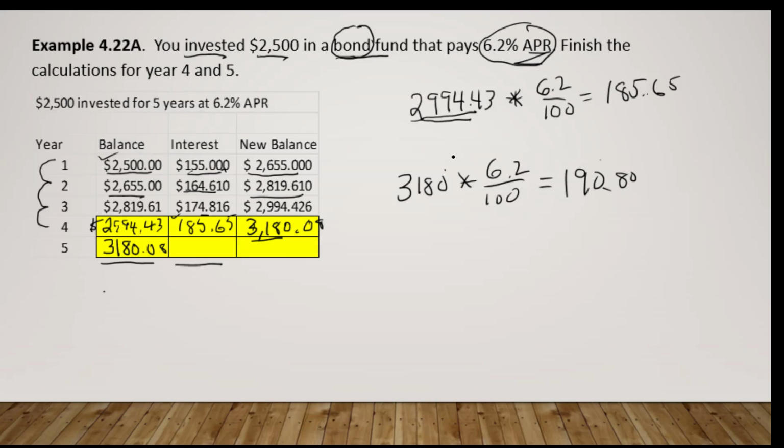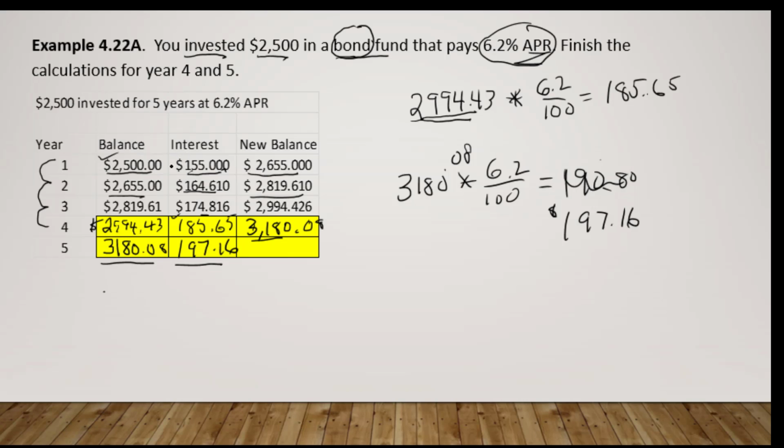3180.08 first of all. 3180.08 times 6.2 over 100. Always good to check your work, right? I'm getting 197.16. The reason I knew it was a mistake is because going between year 3 and 4 the interest went up by $11.